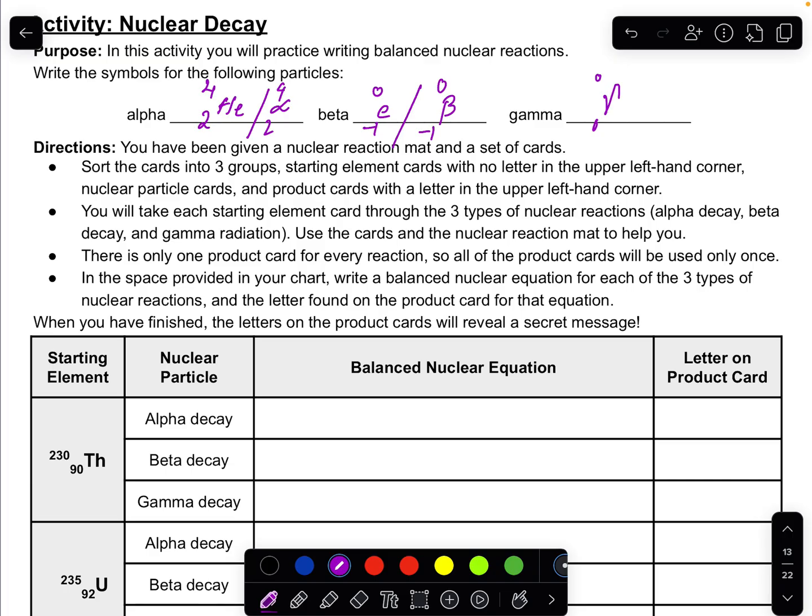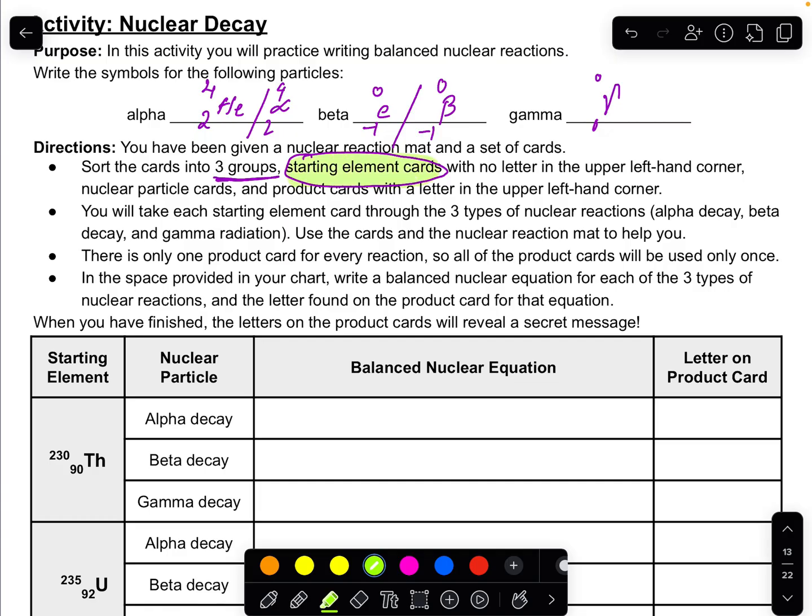Okay, and you have a Ziploc bag with 3 types of cards. Sort them into 3 groups. The starting elements are all in one color. Each class will have a different color, so I'm not saying the colors.